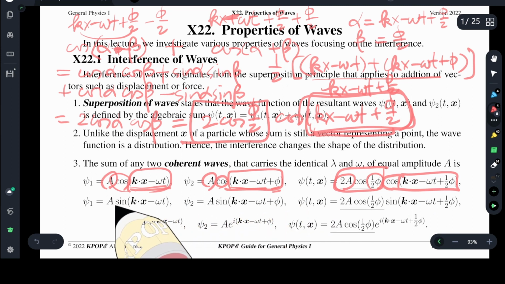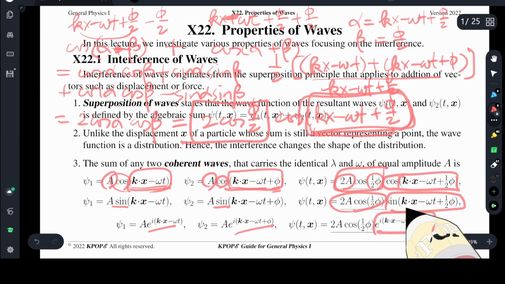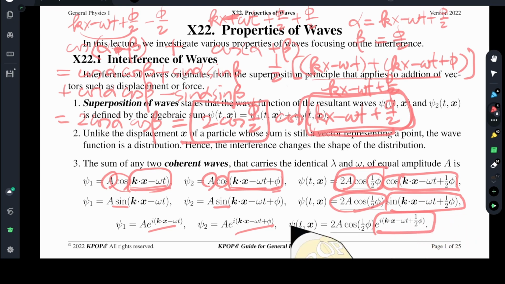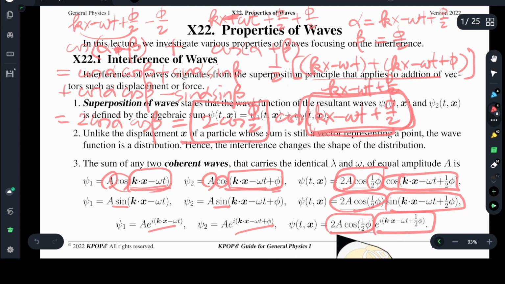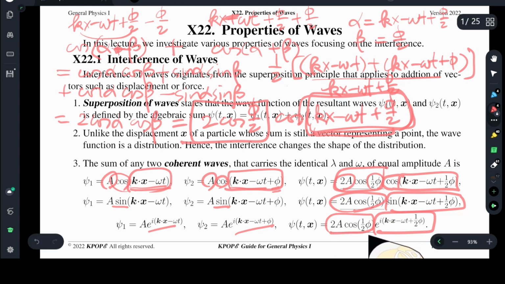And if you use a sine function, the structure is exactly the same. Even if we use an exponential function, it is still the same. The average argument is the average of the two arguments, and the amplitude is twice the amplitude multiplied by cosine of half phi.